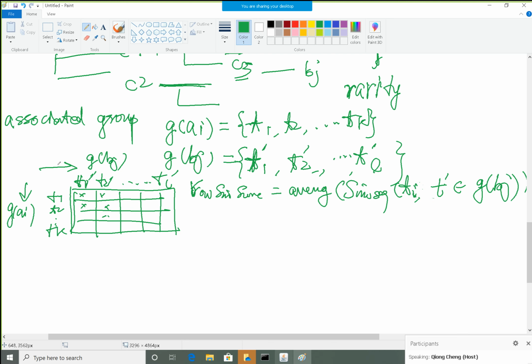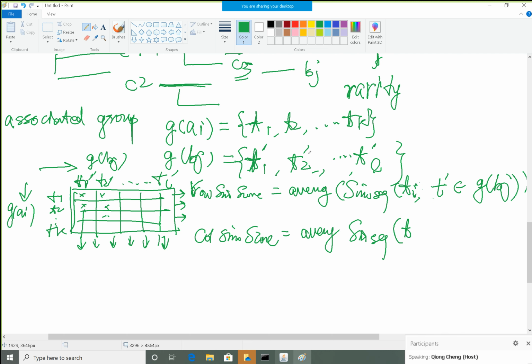Okay, and then you can also get the column. So this corresponds to rows, this is the row similarity score. You can also get the column. This is what we call the column similarity score, and it is equal to the average of the sequence similarity of T belonging to GAI with, for example, TJ prime.